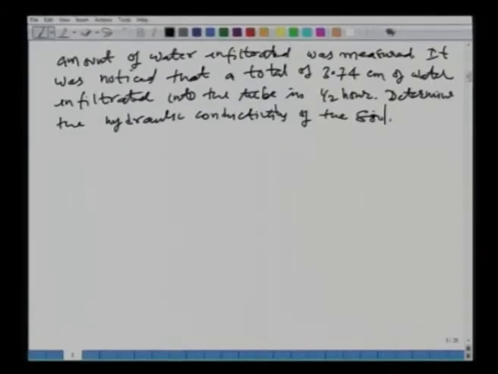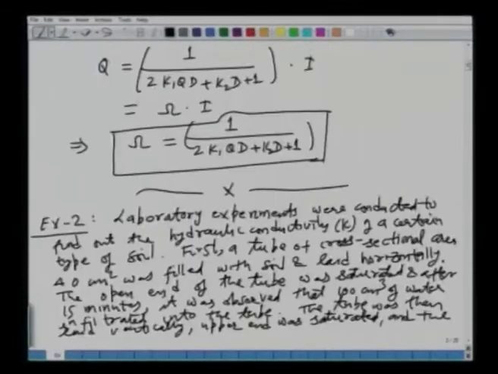It is a long statement. I will quickly go over it again. The laboratory experiments were conducted to find out the hydraulic conductivity of a certain type of soil. First, the tube was laid horizontally, and some water was applied on one side, and the amount of water that infiltrated into that tube was measured, and that information is given to us. Then what was done?